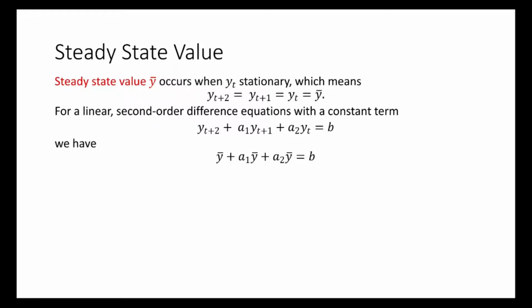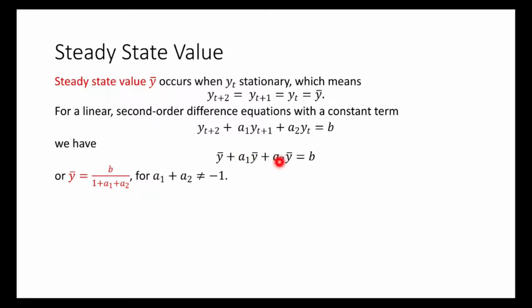If we substitute the steady state value into the second order difference equation with a constant term, notice that on the right hand side we have a constant instead of 0. If we solve it, you take out the y bar and divide b by 1 plus a1 plus a2.